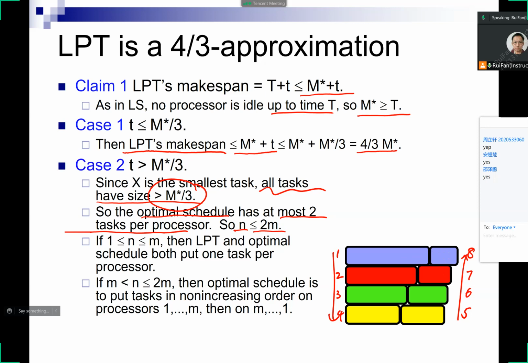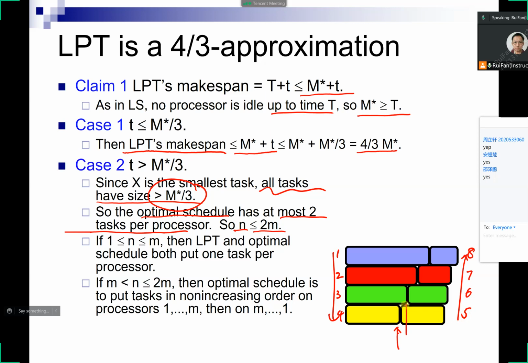However, now let's look at what LPT does. LPT is going to do exactly the same thing. It's going to sort all the jobs and then allocate them to the processors, and then it's going to wait for one of these processors to finish. That's going to be the processor which has the smallest job up to now, and then it's going to assign it the next job, which in this case is the 5th largest job.